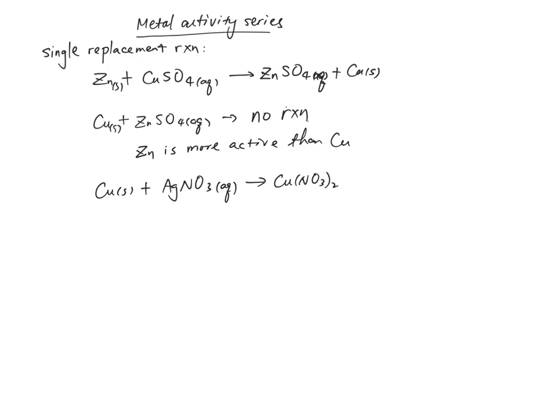Okay, copper nitrate has this bluish green color, and you would actually have silver metals precipitating out of the solution. Oh, okay, so copper is more active than silver.